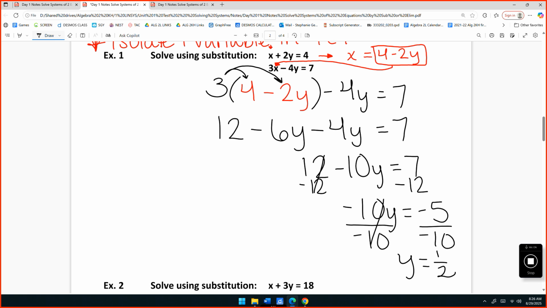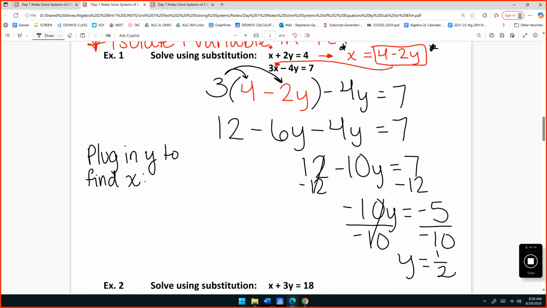So I'm going to choose x equals 4 minus 2y.